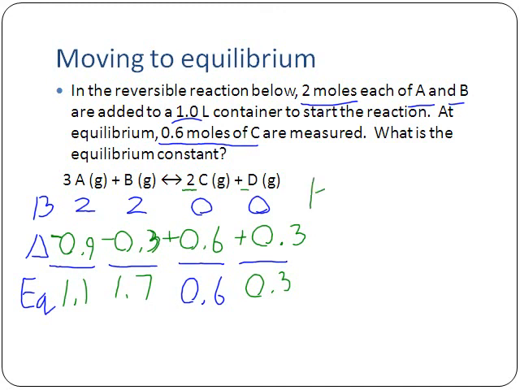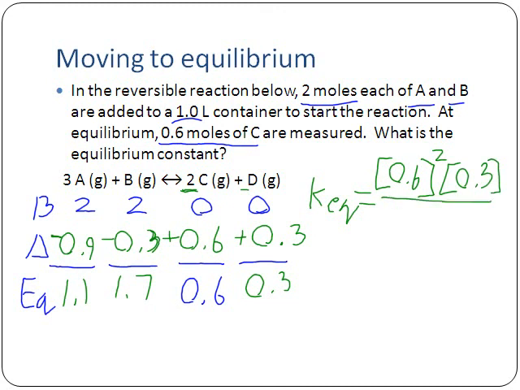And so to find KEQ, remember that we want to take the concentrations of the right side first. That's going to be 0.6 for the C, and since its coefficient is 2, it's going to be 0.6 squared, times the concentration of D, which is 0.3, and since it has a coefficient of 1, it's just 0.3, divided by, let's look over on the left side, because the left side's always on the bottom when you're solving for KEQ.